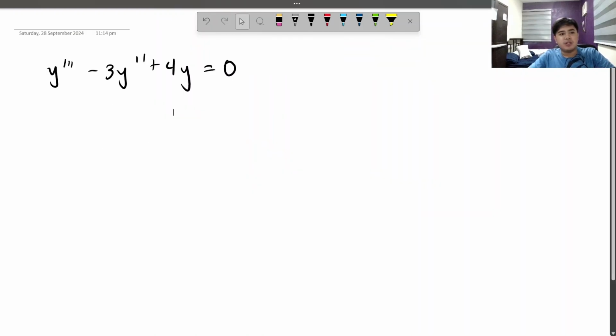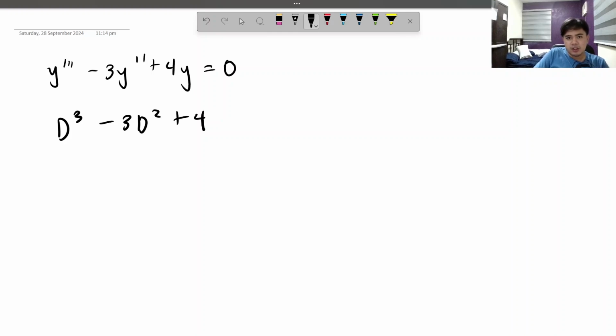Oh, so this is a third order derivative. Now we can skip all the faffle about the d and the d whatever, and just skip to the polynomial: d cubed minus 3d squared plus 4. So how do we solve this in terms of solving the polynomial?